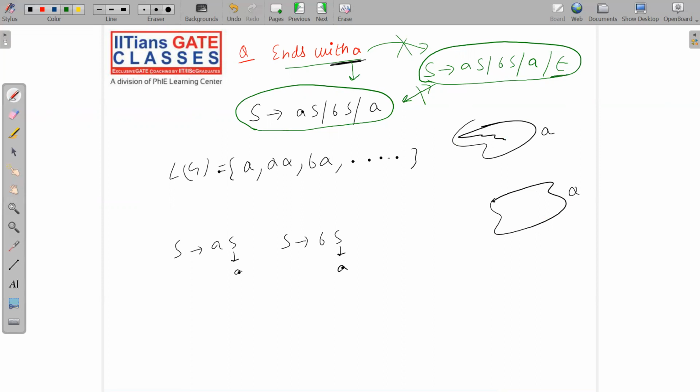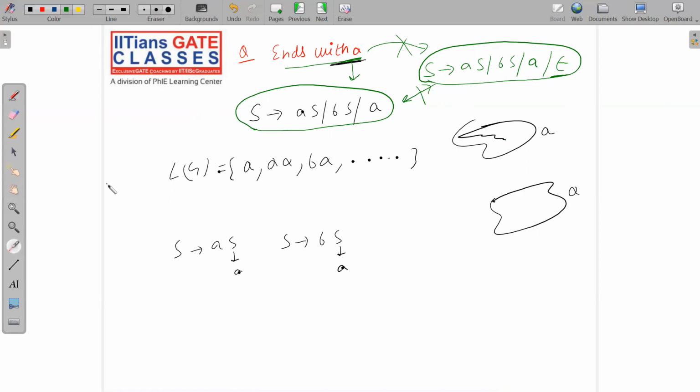Because it is generating null, but in the language of strings ending with A, the null string is absent. Please try to remember, if you are writing any grammar for a language, then that grammar should generate exactly that language. We cannot generate extra strings from that grammar, and we cannot say that a given string is in the language but it is not generated by the grammar. Please try to remember these two things.